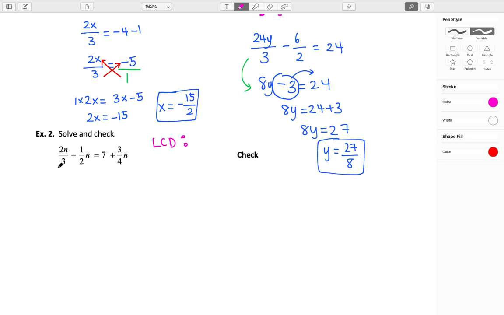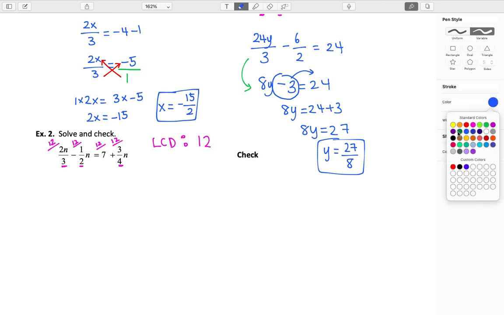So it looks like I have 3, 2, and 4. And a number that all 3 of them go into will be 12, right? 3 goes into 12, 2 goes into 12, and 4 goes into 12, right? So after you find the lowest common denominator, multiply. So I'm going to write 12, 12, 12, and 12 for all 4 terms.